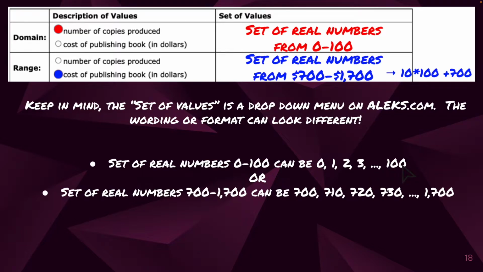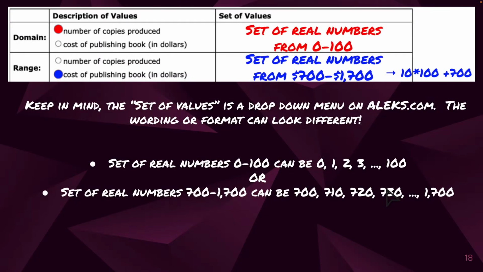So that shows that it's going from 0 to 100. So it could look like this, where it goes 0 - 100. That means 0 to 100. Or it can look like this, where it is a list. Same thing with this 700 to 1700. It would go 700, but instead of going 701, 702, it would be per book. So it would be 700, 710, 720, 730, because every book is $10 more. So make sure you're paying attention to that list. I have seen them be a little tricky on that list before.